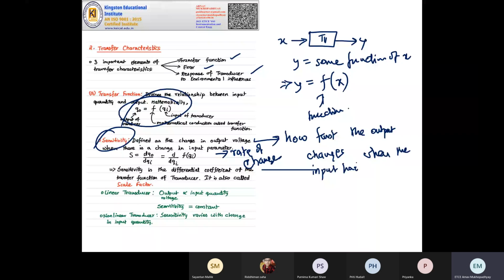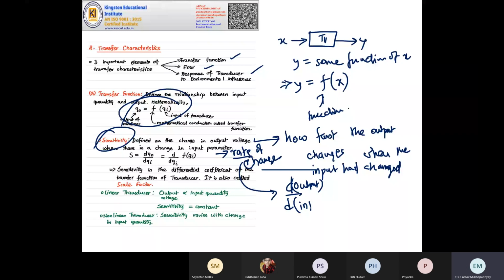And any changes or rate of changes are given by derivative. Since this is a change of output, d of output with respect to d of input. That is the definition of sensitivity.